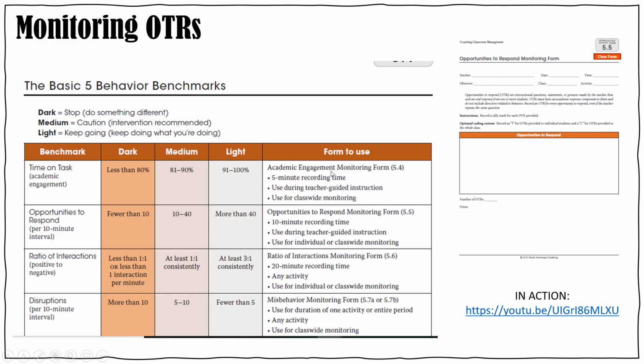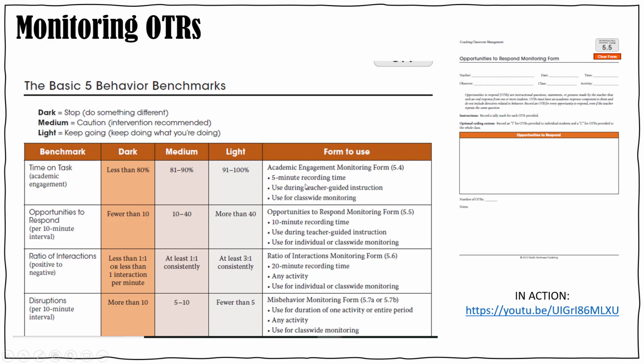And so here are just some things that you guys can do. There are forums online that you guys can look at. There's an academic engagement monitoring form. We've talked about ways to do data collection systems. You guys can use your momentary time sampling. That's probably what I would typically do, especially when you're teaching.